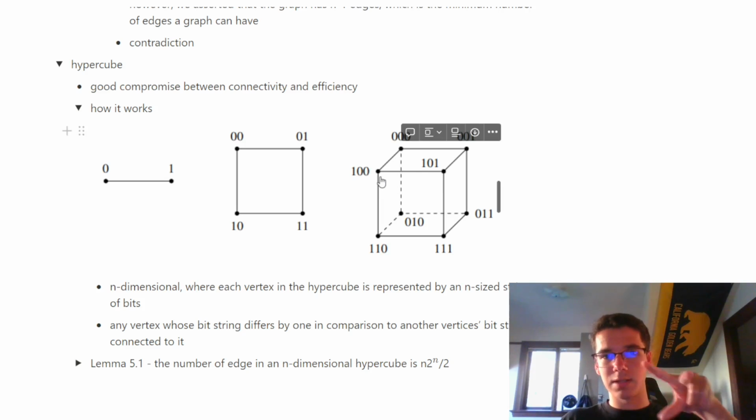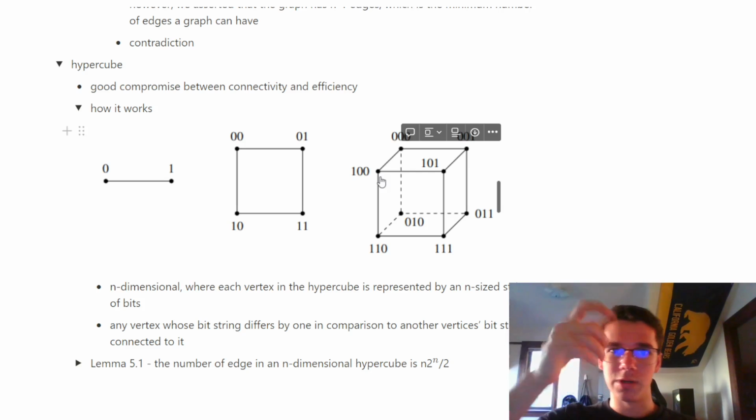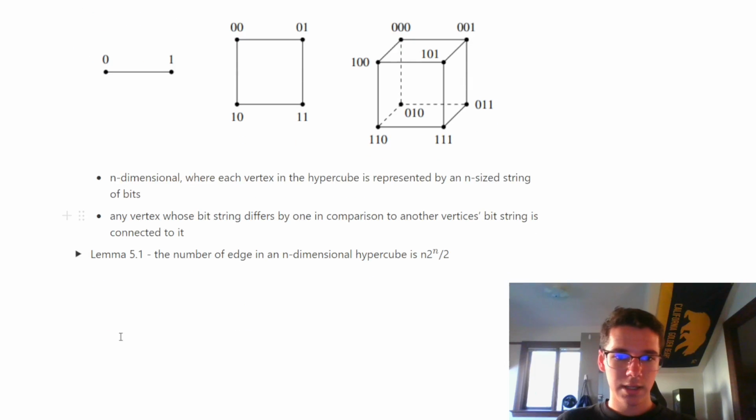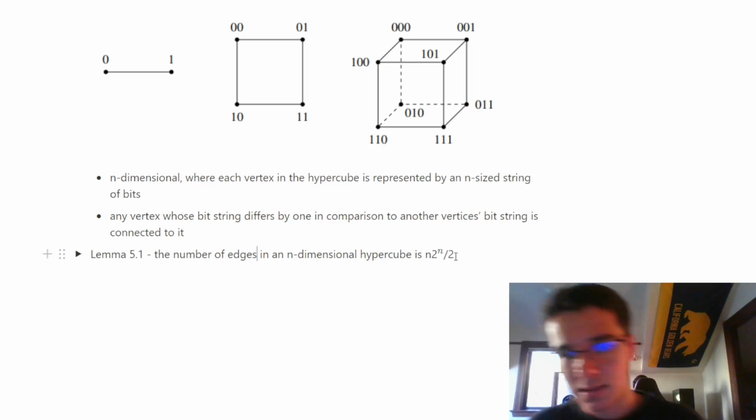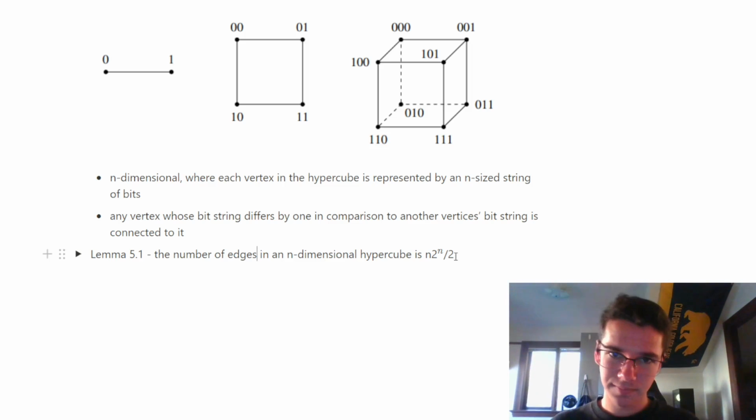And those are the 3 ones that it's connected to. The 3 other strings of bits that are exactly 1 difference away, right? And given these facts, we're going to say that the number of edges in an n-dimensional hypercube is n times 2 to the n divided by 2.